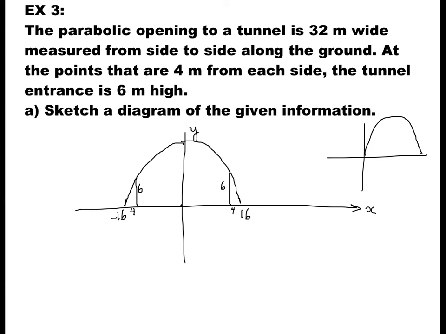So if your solution looks different from my solution, it doesn't mean that your solution is incorrect or mine is incorrect. It all depends how you initially draw the setting here. So in my drawing, I'm setting the origin to be halfway between the two sides of the parabola.